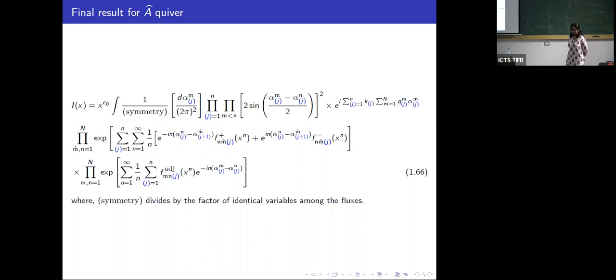Monopole operators are some very specific kind of things, so those should correspond to some specific configurations in gravity. The index counts the full spectrum, right? Yes. So monopole operators are also maybe somewhere included in this expression, and they should be included in the gravity side as well. Okay. That I don't know how it is hiding inside the gravity side.